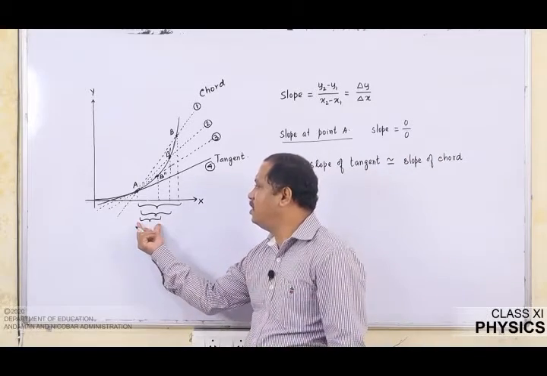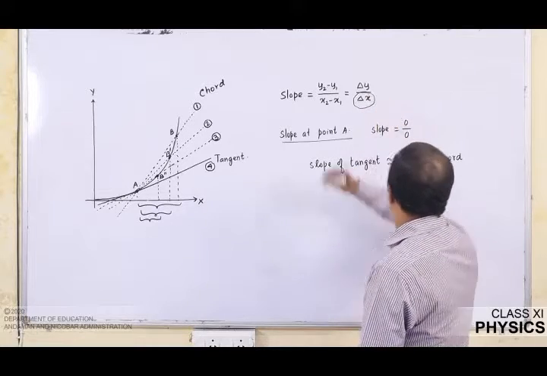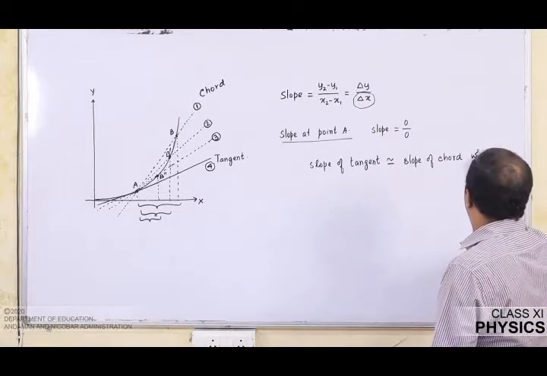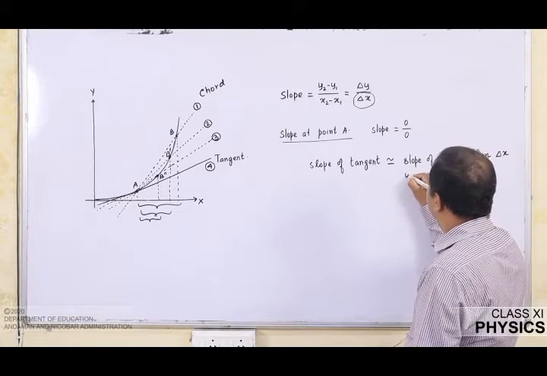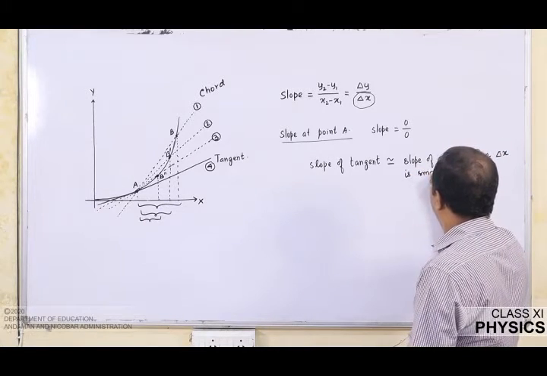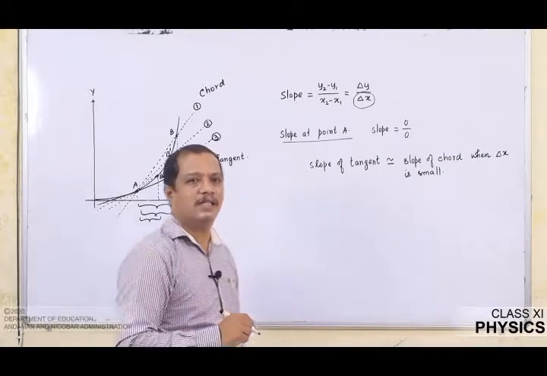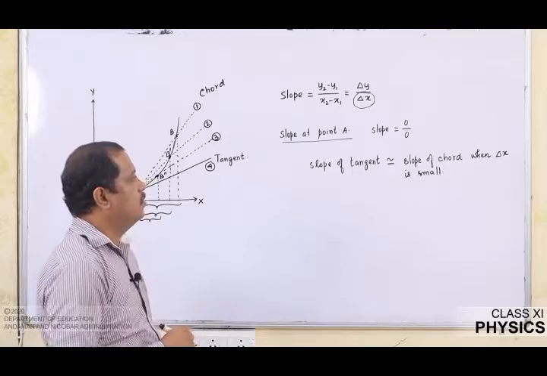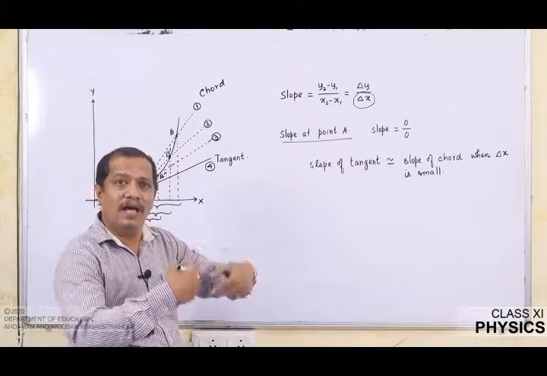When the change in the value of x, what you call delta x, is small. Then the question comes, how small must delta x be? Sir, you make delta x as small as possible.